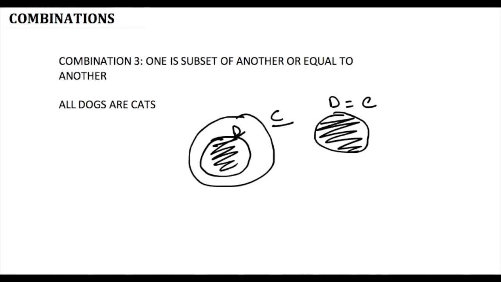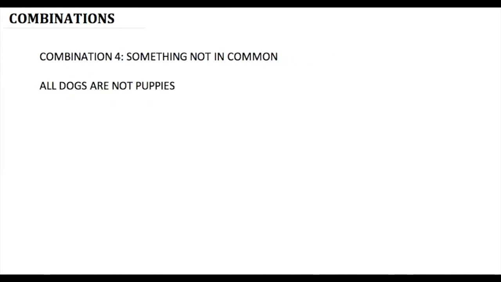So these are the two combinations that you can make when you're talking about one variable being a subset of another or equal to another. This is done only when the word all is used, all and are. So all dogs are cats, a positive statement with the prefix of all, uses these two sub combinations.